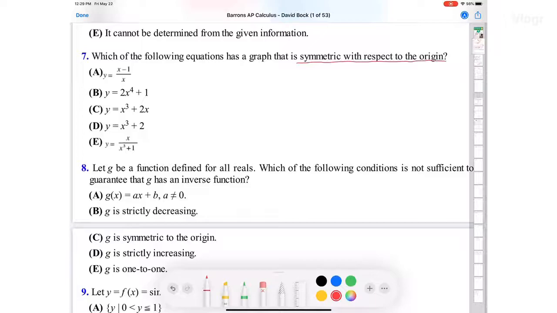That means the function f(x) is an odd function. Odd functions. The definition is f of negative x is equal to negative f of x. One more time, f of negative x is equal to negative f of x.